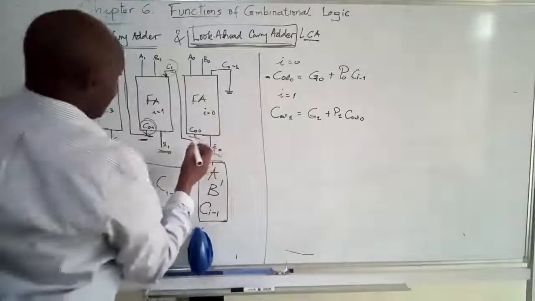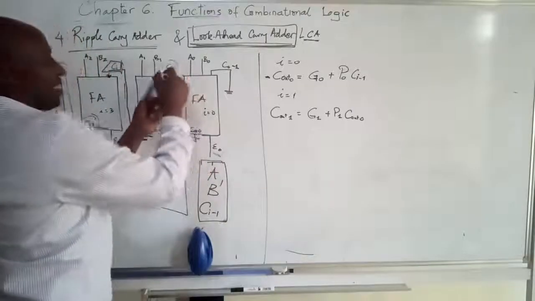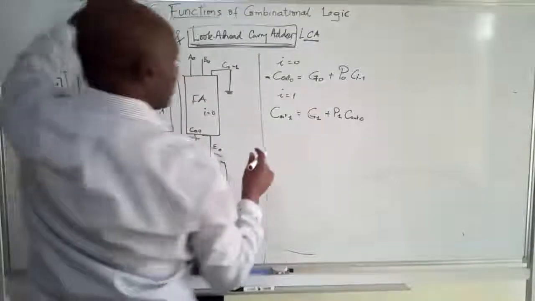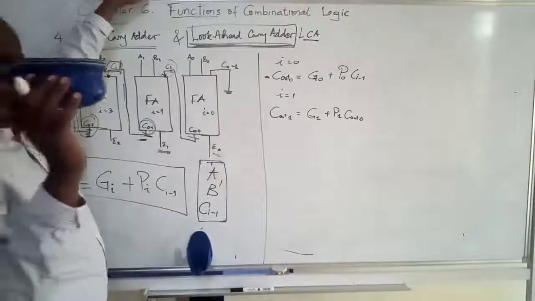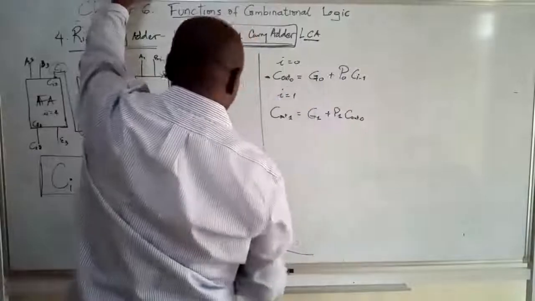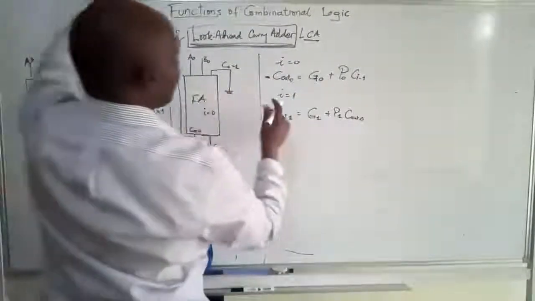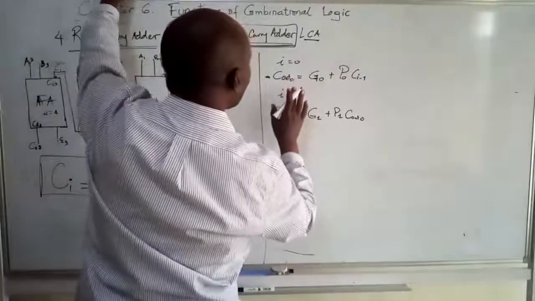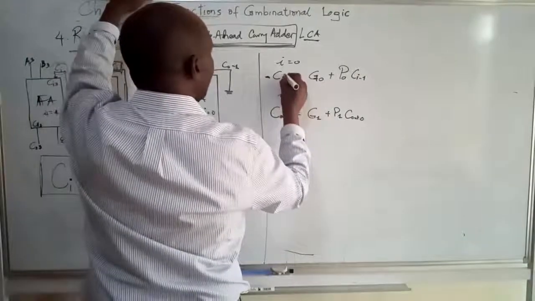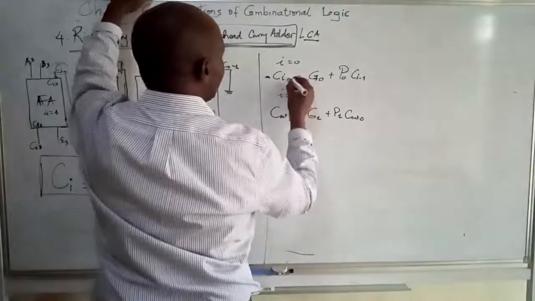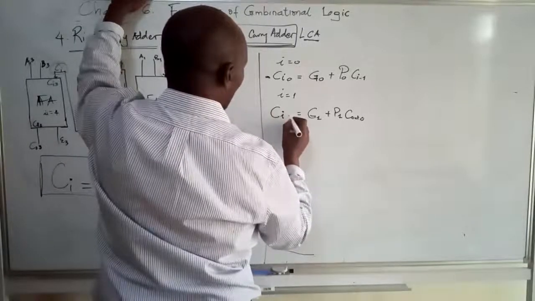Because we have found the C out 0, which will be the input of the second one. Oh, sorry. Well, if you want to, you can call it C in, C out. Let us call it C in, not to be confused. C in 0. Let us call it C in 1.